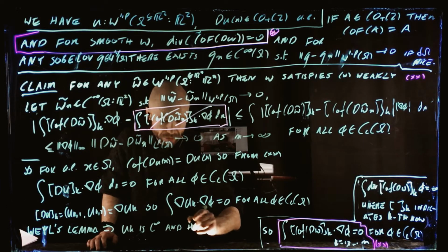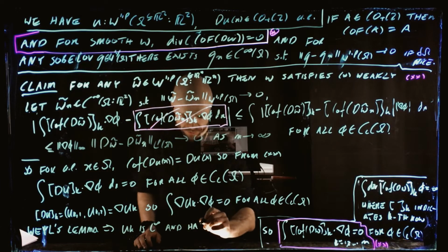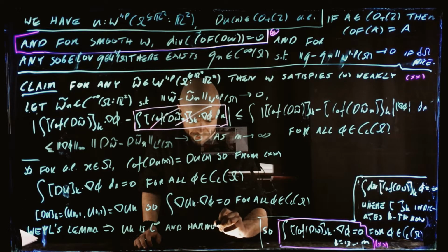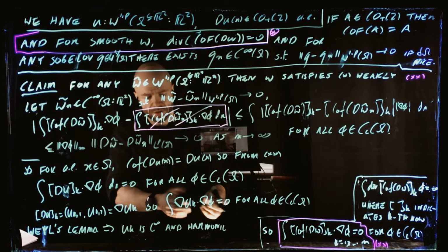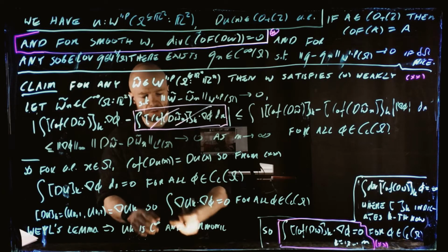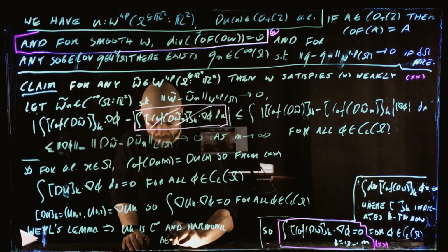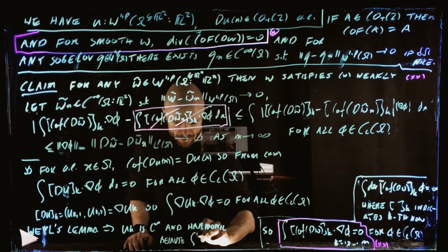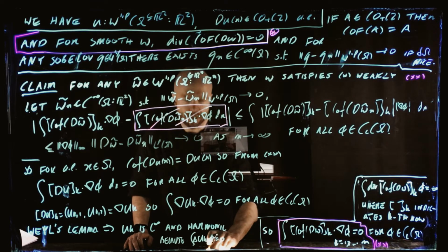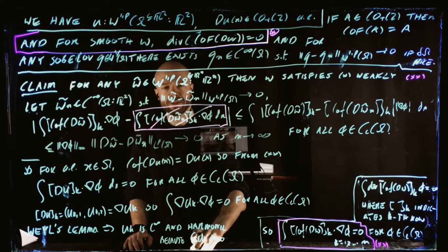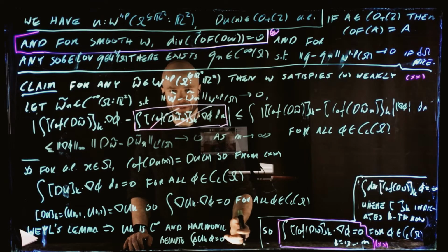So once it's C infinity, it's actually harmonic, because once it's C infinity, testing it, putting the derivative on the other side, means that we have the Laplacian times the test function equals 0 for all test functions, and since this is smooth itself, the only way that can possibly be true is if it's pointwise equal to 0.